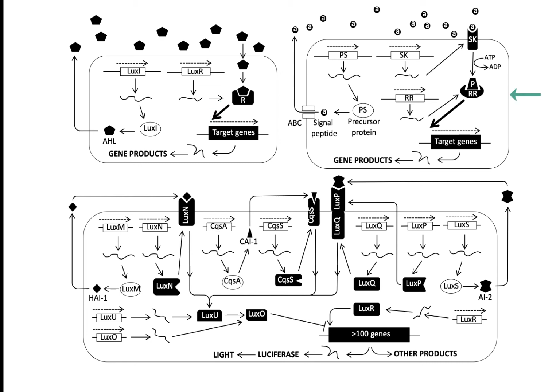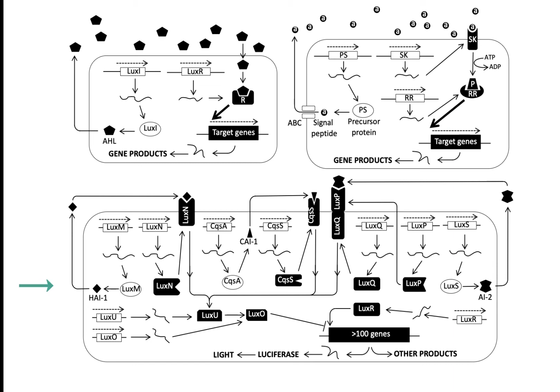On the upper right, signal peptides are produced that are then exported using ABC transporters, and then those interact with usually another cell, a receptor on another cell, that changes a protein within the cell, phosphorylates it usually, activating it, and then it'll interact with a response element that will act as a transcription factor to increase the transcription of genes and expression of those genes.